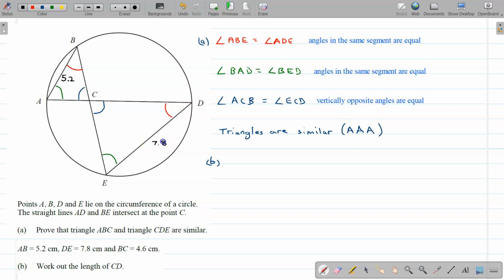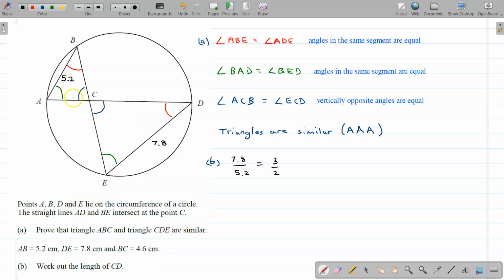Now, those are corresponding sides of the two triangles, and so we need to look at the scale factor of enlargement between that one and that one. Now, 7.8 divided by 5.2 is exactly 1.5, or 3 over 2. So in other words, this triangle is 1.5 times bigger than this one.